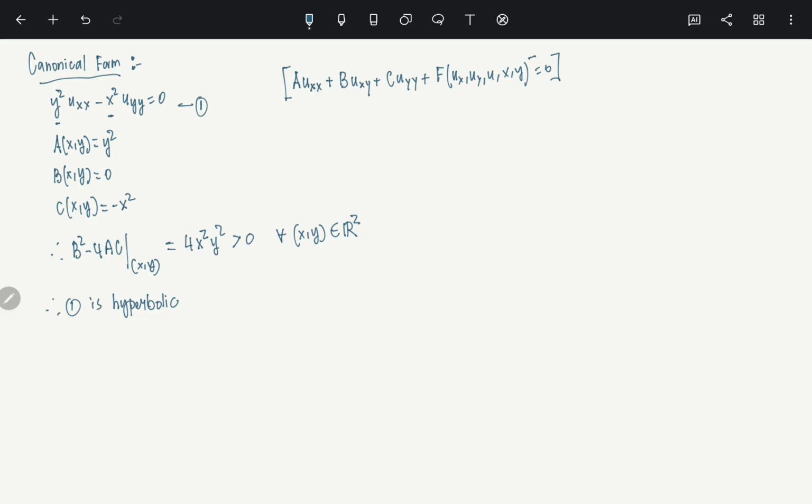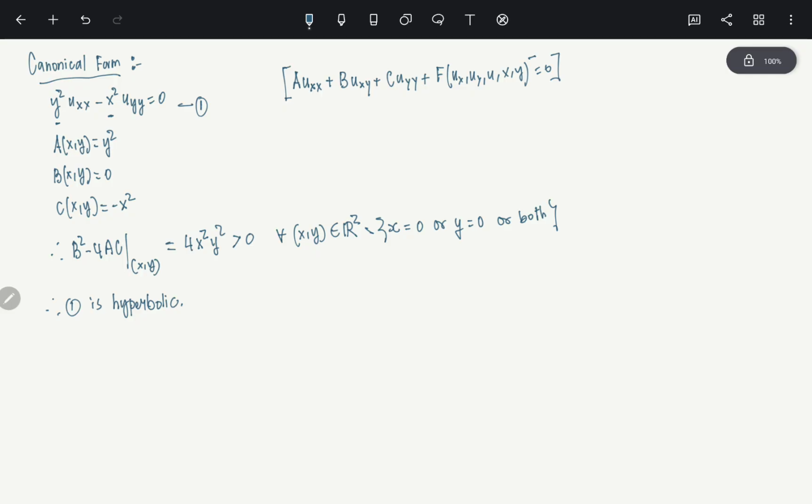Of course you have to understand that this is true only except x equals to 0 or y equals to 0 or both. In the upper half plane, lower half plane, if you look at each quadrant, this is always true. Okay, so 1 is hyperbolic.